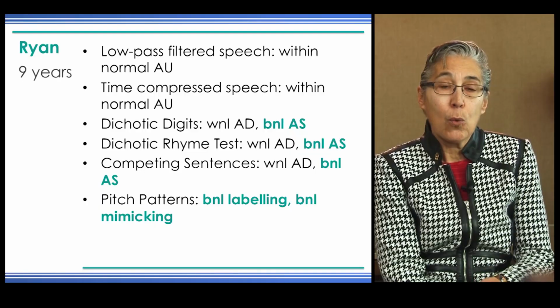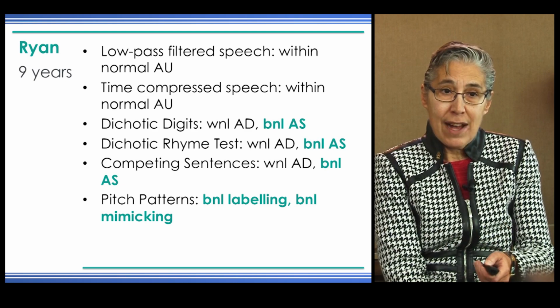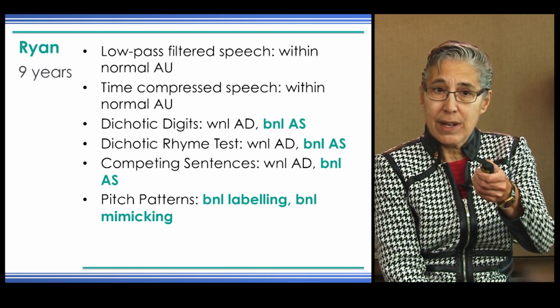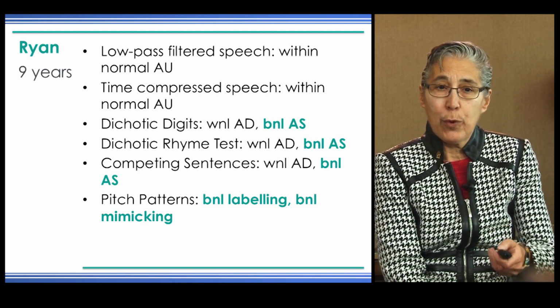So this is one of those cases of not being able to synthesize information. That left ear target was getting lost as it was trying to move from the right hemisphere over to the left hemisphere.